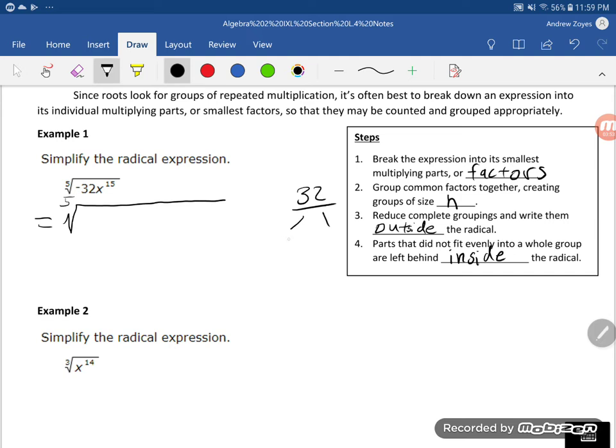And that could be 8 and 4, 2 and 2, and then 8, I know it's just 2, 2, 2. Okay, so I have 5 2's, right? I have a negative 1 right there. Then I'm going to separate 2, 2, 2, 2, 2, 1, 2, 3, 4, 5. So I have 5 2's right there.